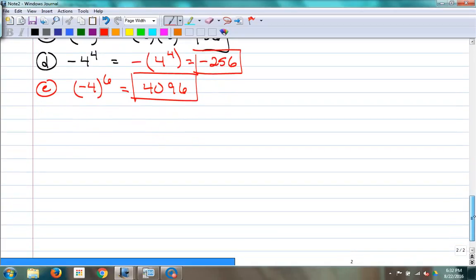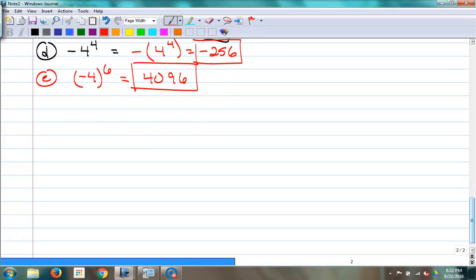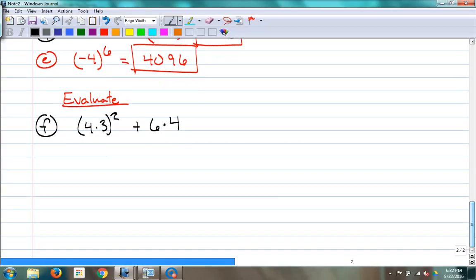Now let's dive right into the order of operations part of this. I guess the instructions would say evaluate or simplify. That just means work it out, get the answer. Example F. 4 times 3 squared plus 6 times 4. If you've got the calculator, you're more than welcome to type it in.